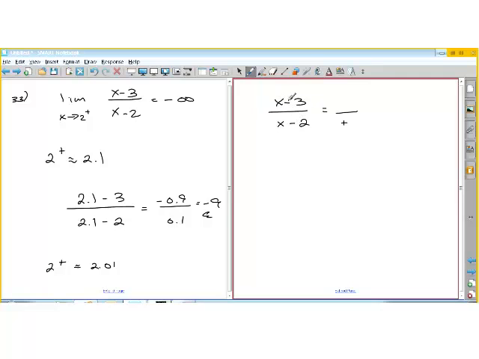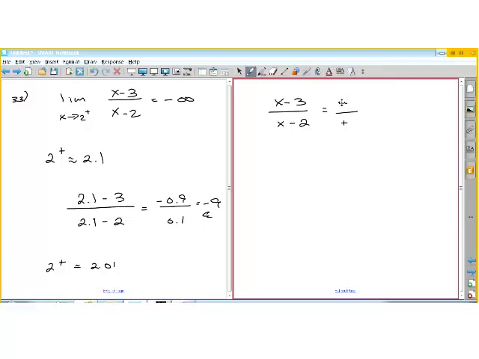Here I have a smaller number minus a larger number, and you could actually just plug the number in there and say, okay, when x equals 2, that's going to be negative 1, so I know it's negative. So you only really have to think about the sign of this one. You can just kind of approximate it.